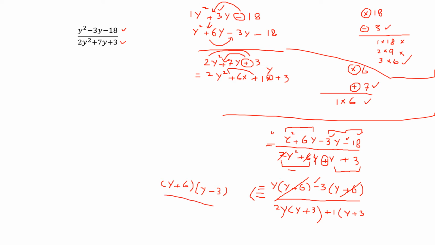Now we come to the bottom part, and here y plus 3 can be a factor, and y plus 3 will divide both the terms. So when we divide the first term, we will be left with 2y, and when we divide the second term, we will be left with 1.